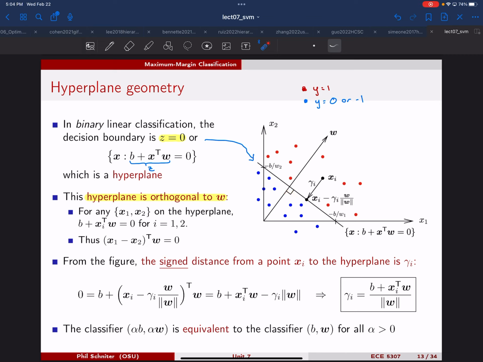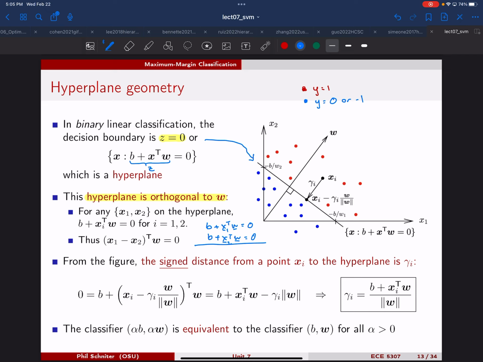Well, we can do a very short little proof. For any 2 points on the hyperplane, and they can be really any ones as long as they're different from each other, we know that this equation holds. This is just the equation that holds for any point on the hyperplane. So let's write out those two equations separately. We have b plus x1 transpose w equals 0, and b plus x2 transpose w equals 0.